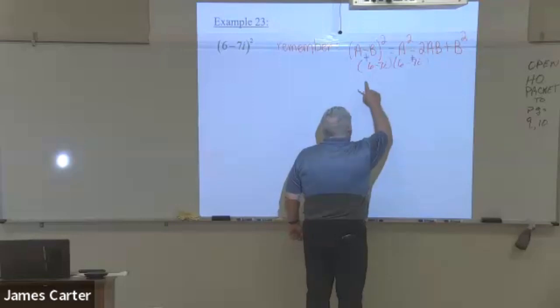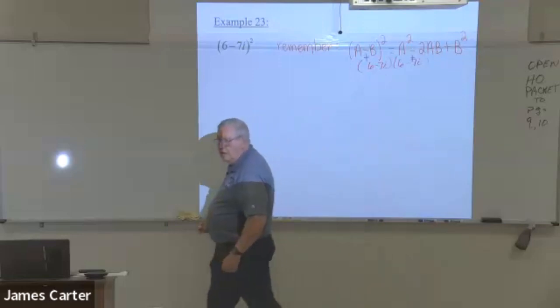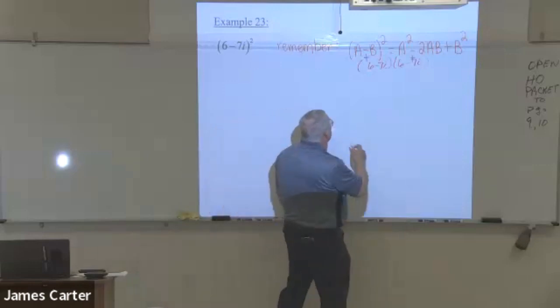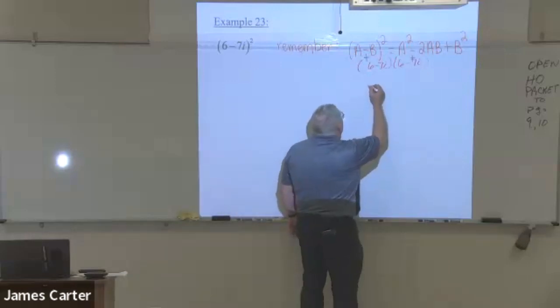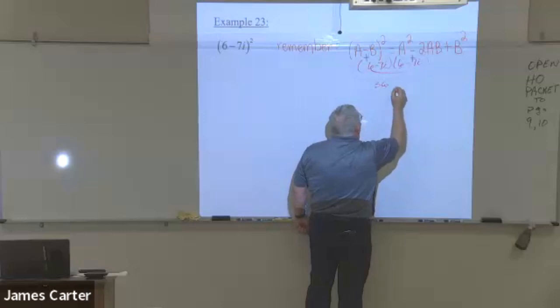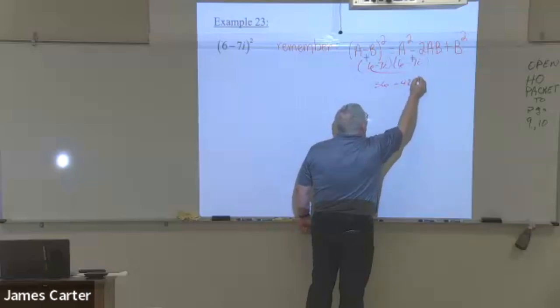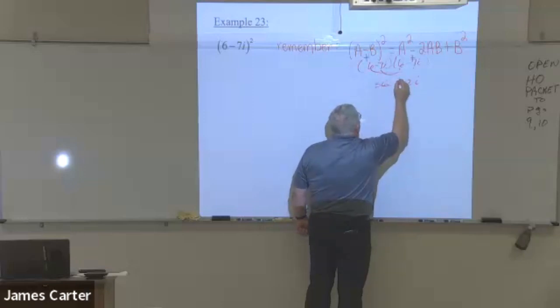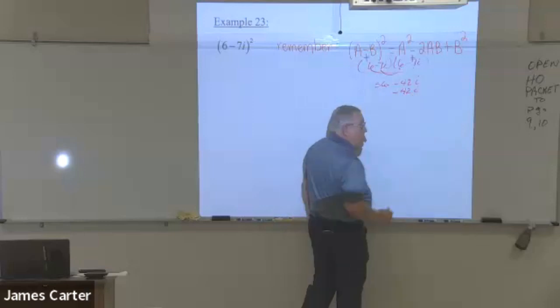Now, I think I'm going to go ahead and work this one. So, 6 times 6, 36. Okay? 6 times negative 7i is negative 42i. 7i times 6 is another negative 42i.